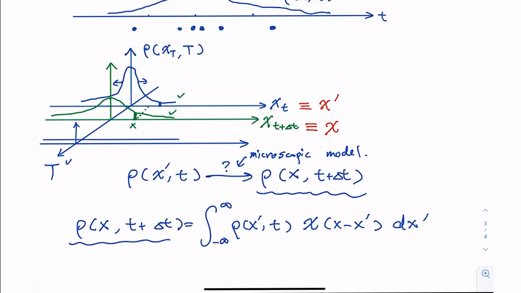Let's denote it by x prime. This particle needs to take a very particular step size of the random variable in order to move to the position x at the next step. The particular step size it needs to take is this segment, which you can denote by x minus x prime, right? Does it make sense?